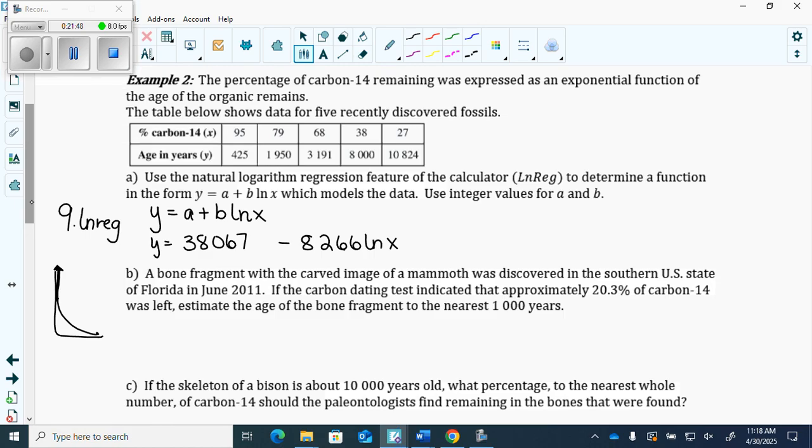So they gave us x. x equals 20.3%. How do we do that? We go second, trace, value, 20.3. Now the answer is 13,182.071 years. They want the nearest 1,000 years.